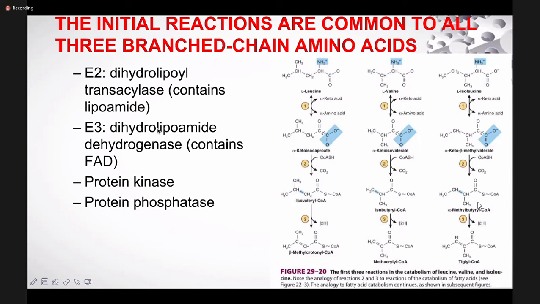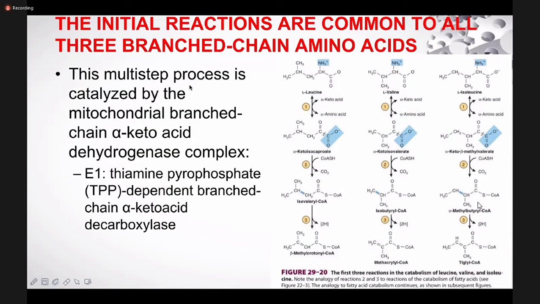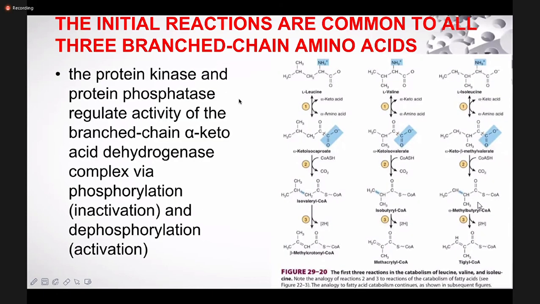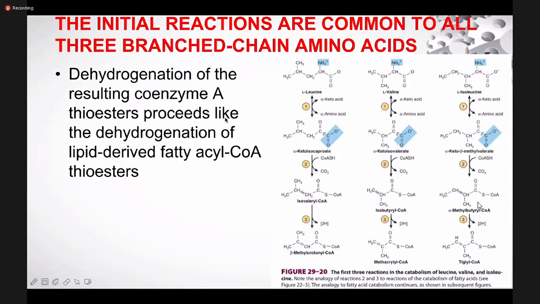So the protein kinase and protein phosphatase regulate the activity of the branched-chain alpha keto acid dehydrogenase complex via phosphorylation and dephosphorylation. And dehydrogenation of the resulting coenzyme A thioesters proceeds like the dehydrogenation of lipid-derived fatty acyl-CoA thioesters.